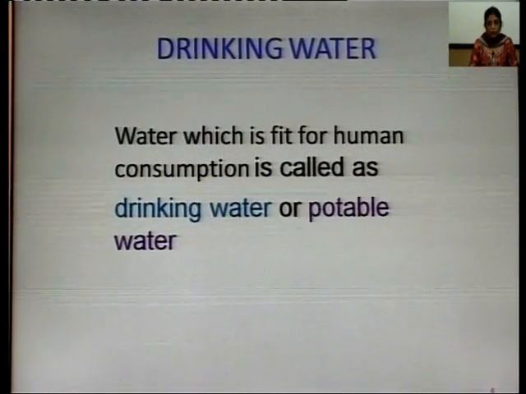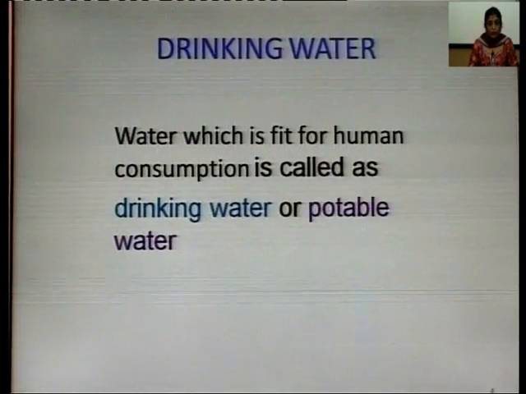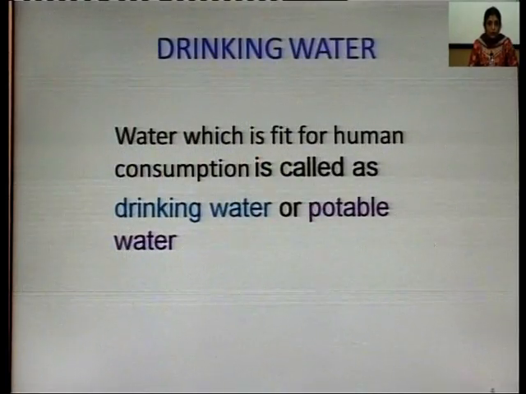Water is available from different sources like rainwater, river water, sea water, spring water, well water, etc. Water contains so many impurities. These impurities can be suspended impurities, colloidal impurities, or dissolved impurities.